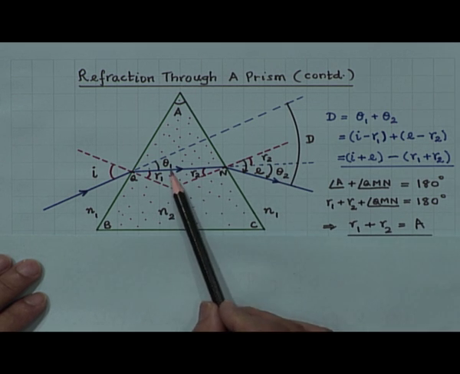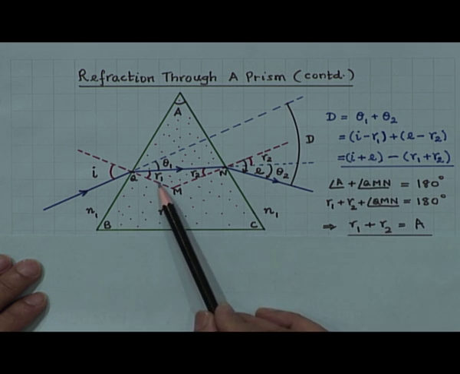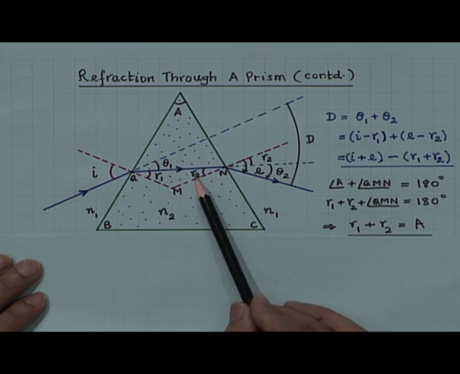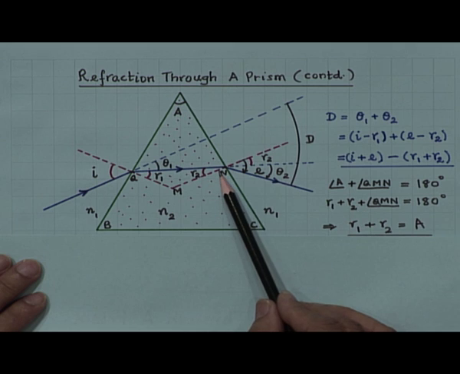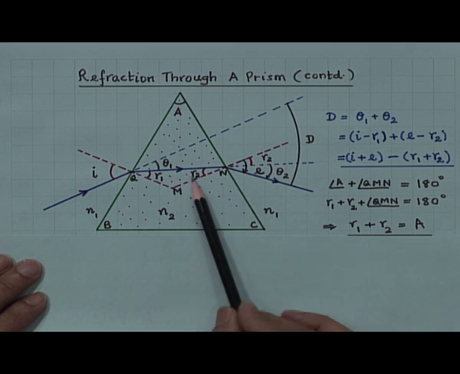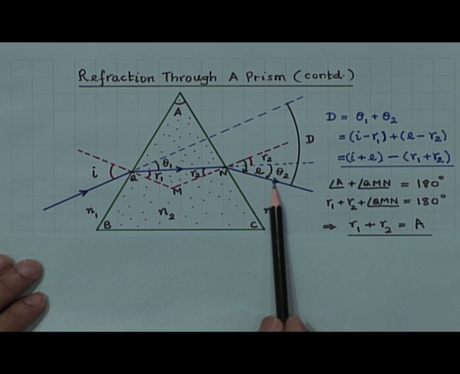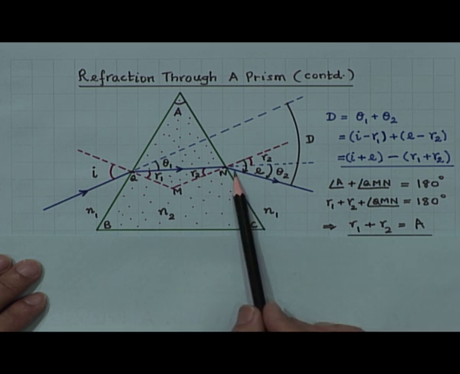Now, what is theta 1? Theta 1 is I minus R1. R1 is the angle of refraction at this interface, and R2 is the angle here, which is actually the angle of incidence from this direction, but would become the angle of refraction if the light ray were incident from this side.